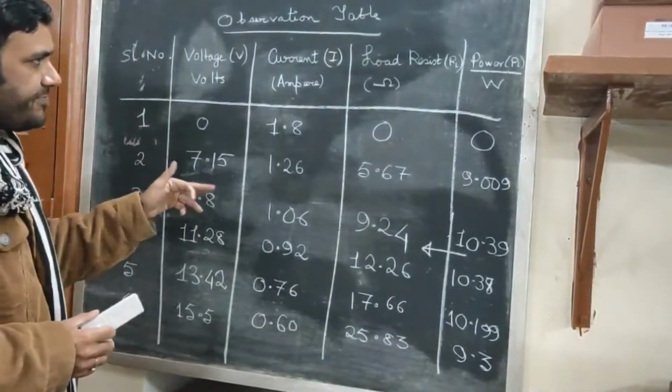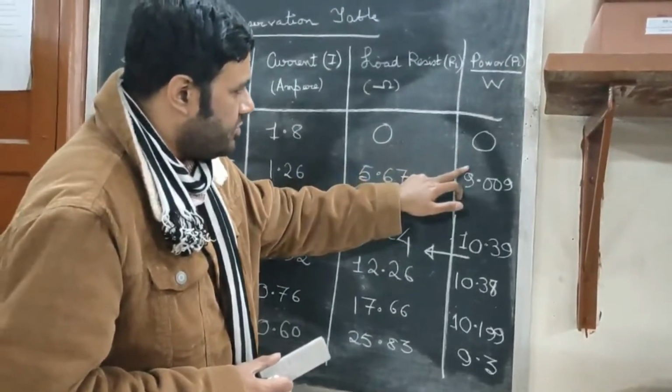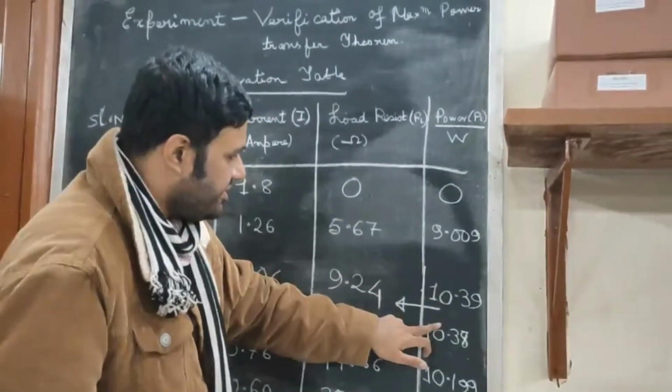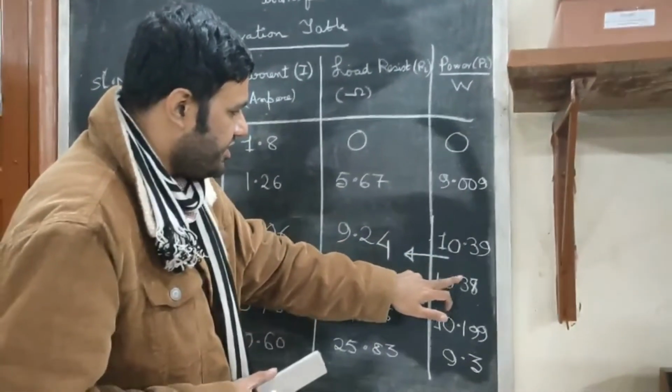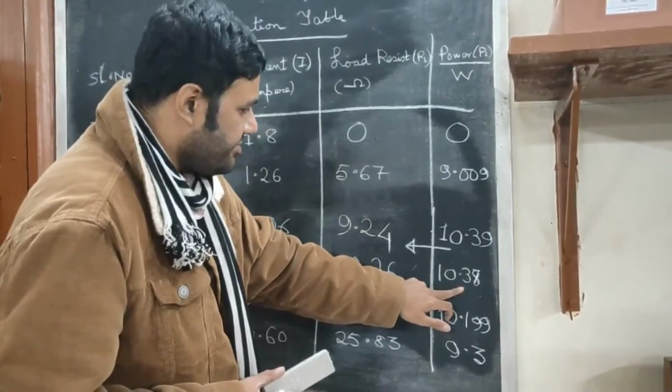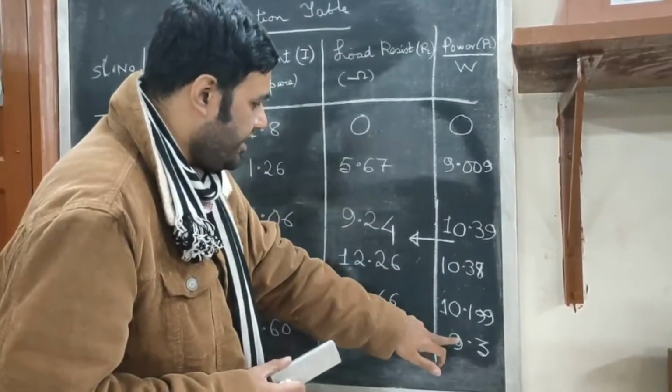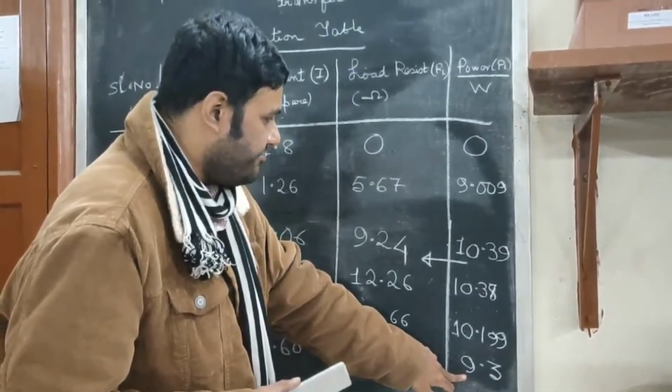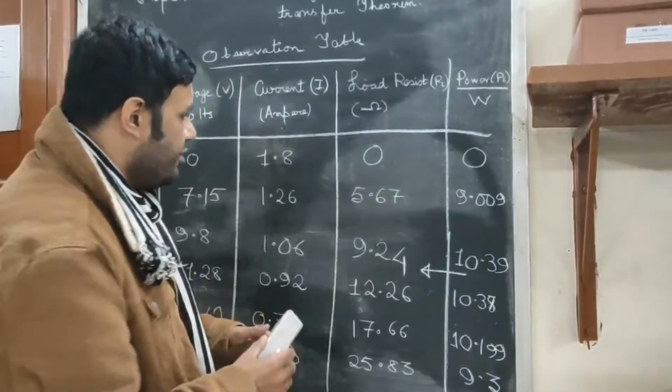As you can see, if you look at the power value, from 0 it keeps on increasing to about 10.39, then it starts reducing: 10.38, it goes to 10.199 and decreases further to 9.3. Now look at the load resistance value.